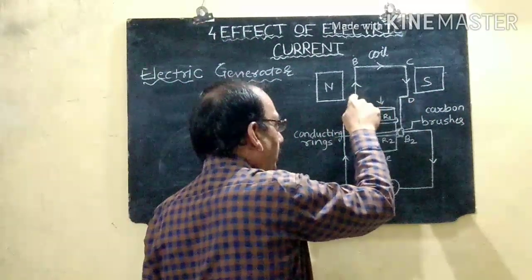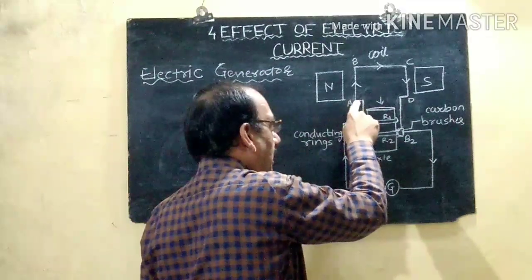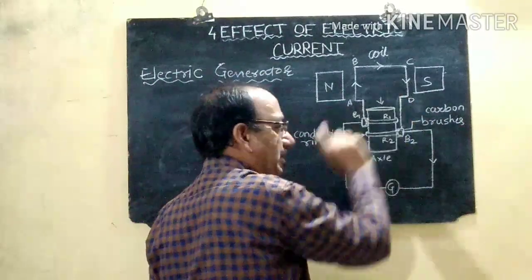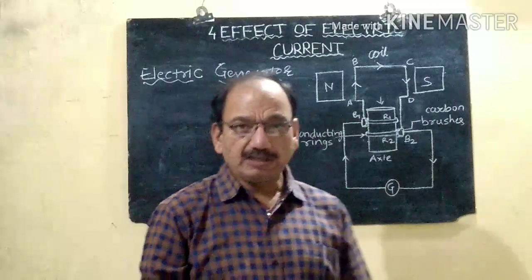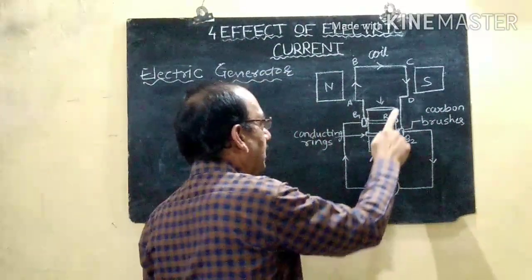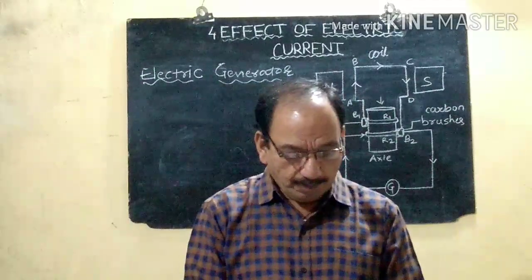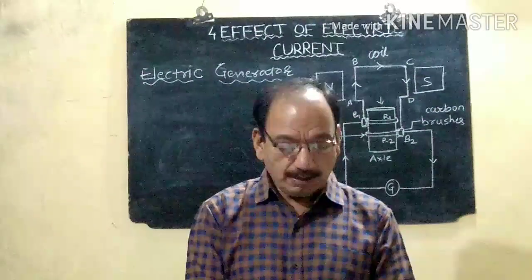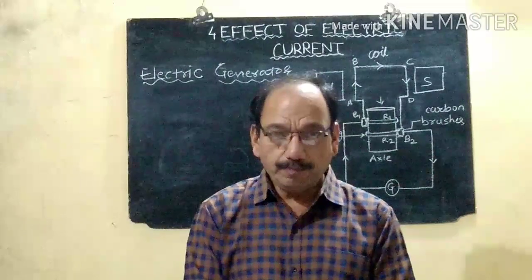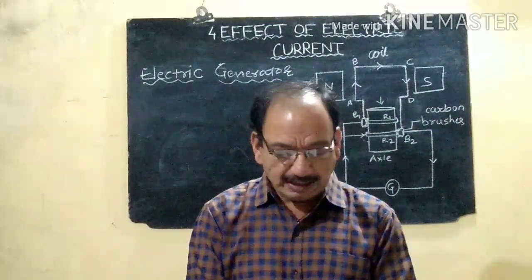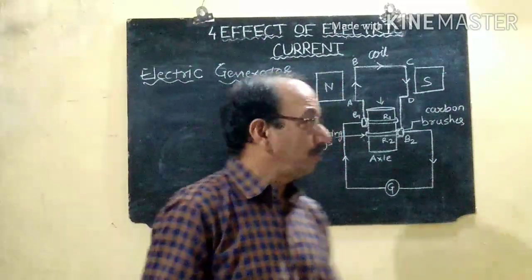CD takes the place of AB, and AB takes the place of CD, and the direction of current will be like this, D, C, B, A. But the branch AB is always connected with B1, and branch DC is always connected with B2.